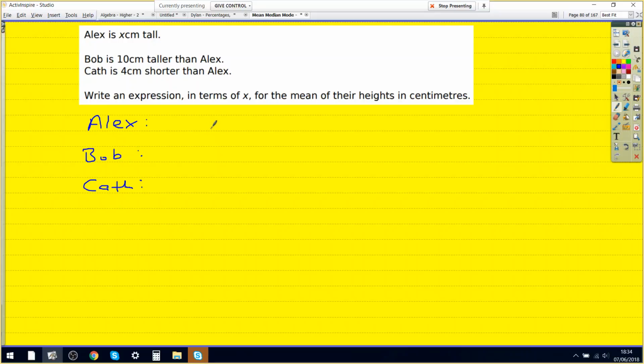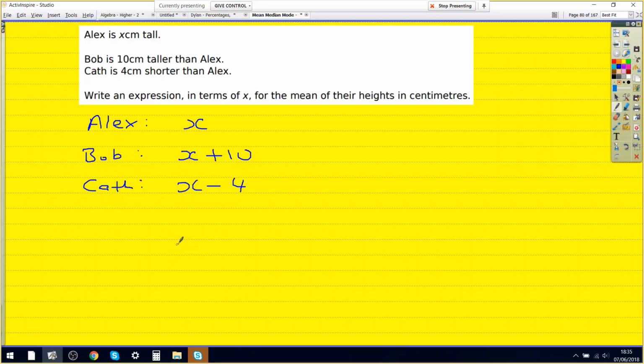So what height is Alex? He's X centimeters tall. Okay, so Alex's height is X. What about Bob? X plus 10. What about Kath? X take away 4.